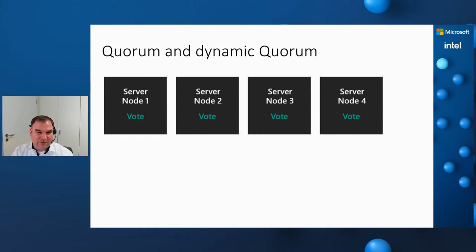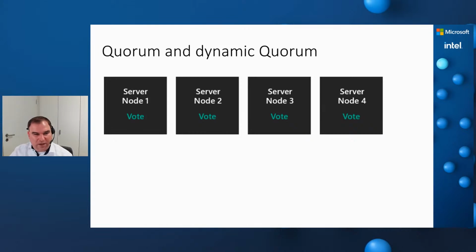Each node in a cluster has one vote by default. You can remove votes from a cluster node if you have an unbalanced configuration. If you have, for example, 2 data centers and you have 5 nodes in one data center and 7 nodes in the other data center, then you could work on this amount of votes. But typically, in the default configuration, each node in a cluster has a vote.